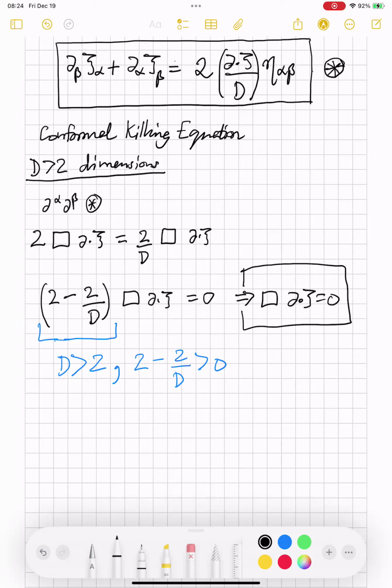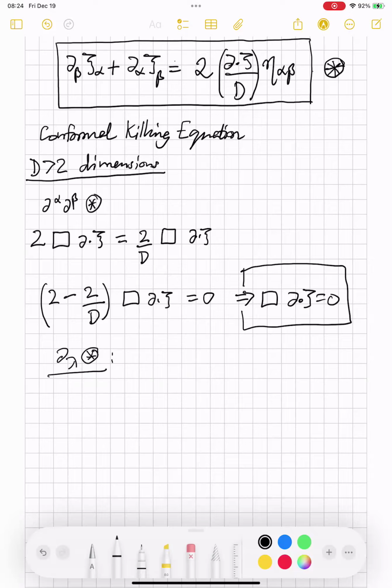Now the next thing I want to do, so let me maybe remove this over here. The next thing that I want to do is I again want to act on star, but now I'm going to act on star with d lambda. So let's act with d lambda on star, on the conformal Killing vector equation. What do we get?